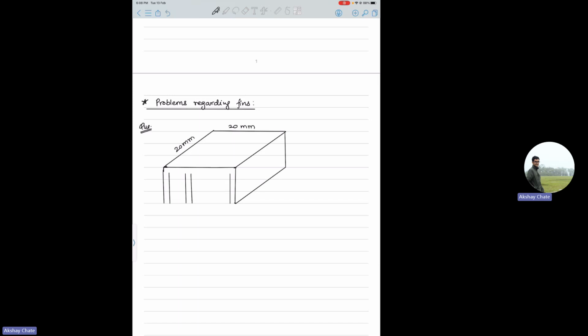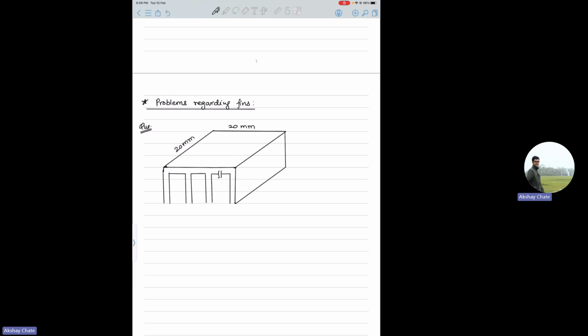So fins are like this. I'm just indicating a break here.